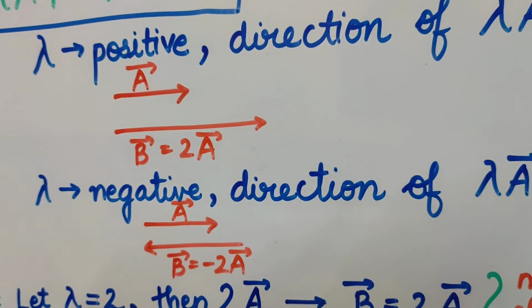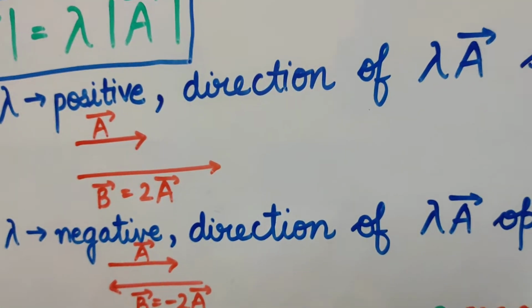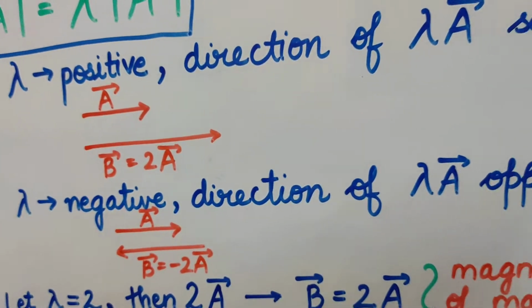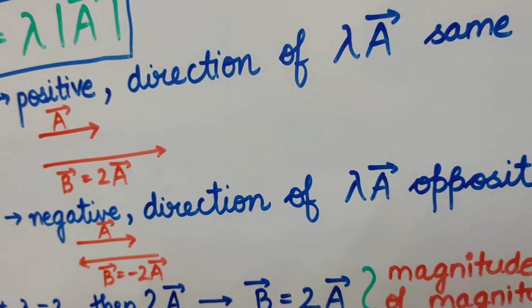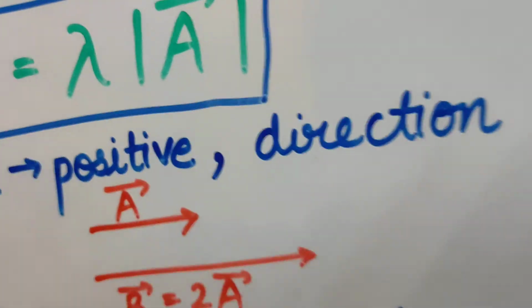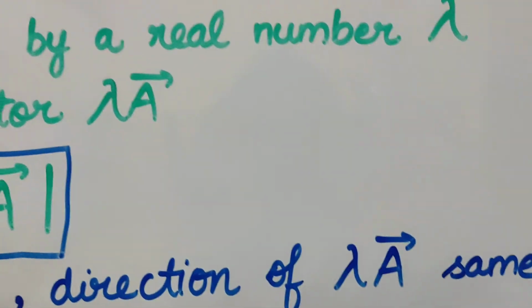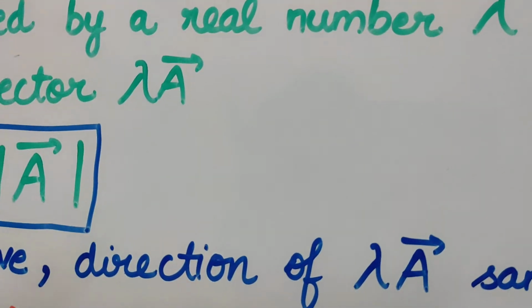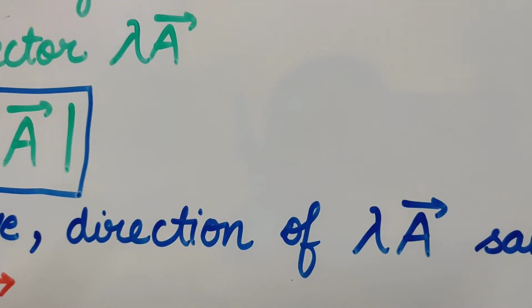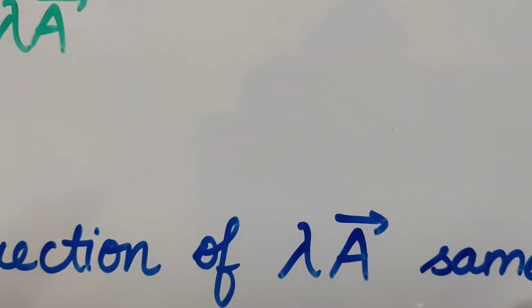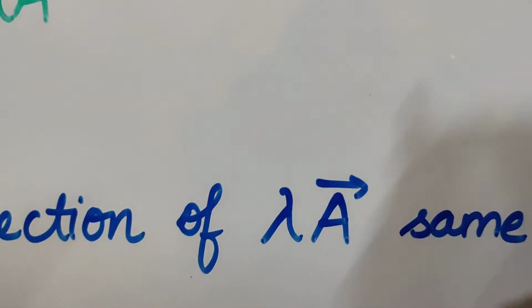Now there is one concept of what happens if we multiply a vector quantity by a scalar quantity. So what happens if we multiply a vector quantity by a scalar quantity? Now let us assume that we have velocity.